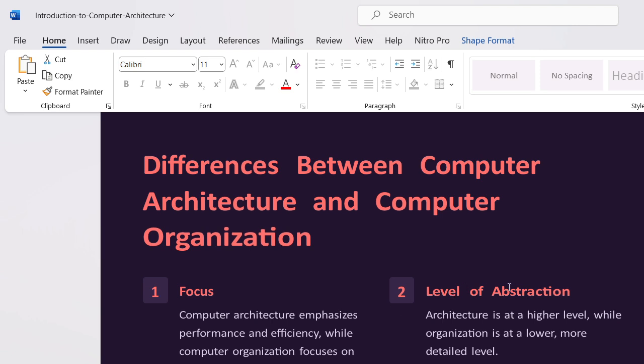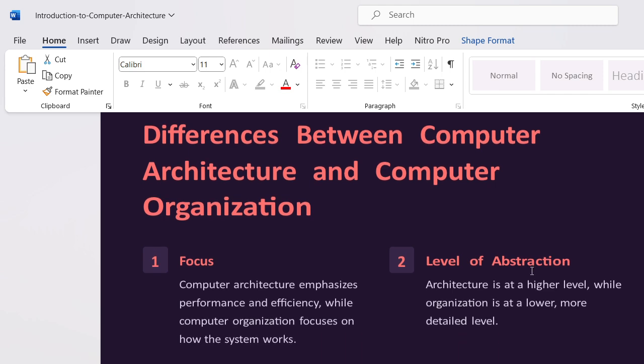Second is level of abstraction. Architecture is at a higher level, while organization is at a lower, more detailed level. So with architecture, we must build the fundamental things first, and then we build what we are going to build in the computer itself.